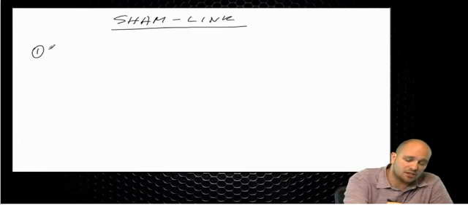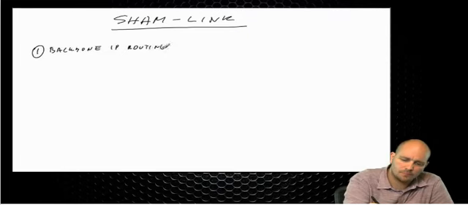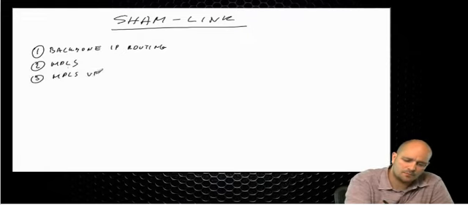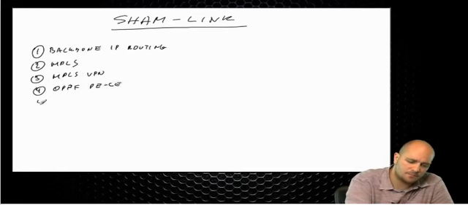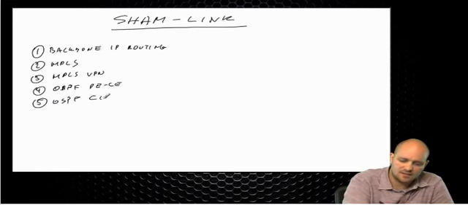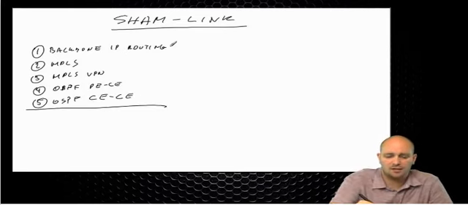So my assumption here is that backbone IP routing is in place, that MPLS is in place, that MPLS VPN is in place, that OSPF as PE-CE is in place, that OSPF as CE-CE is in place. So at this point here, you're actually starting sham link configuration. So these are the prerequisites. So sham link steps.